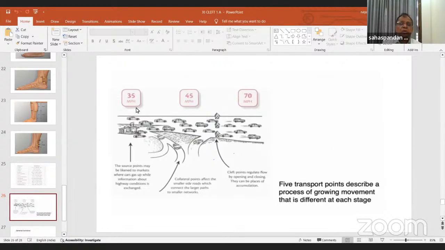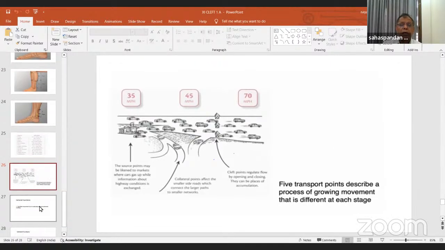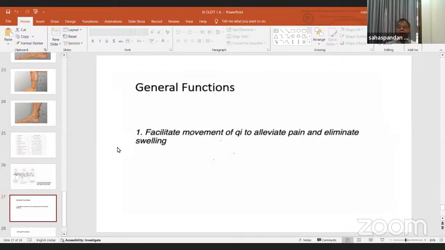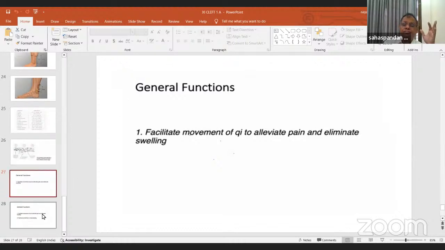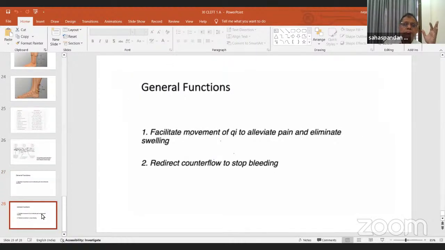So the general functions of the point. Number one, it facilitates the movement of chi to ease pain and eliminate swelling. Number two, redirect counter flow to stop bleeding.